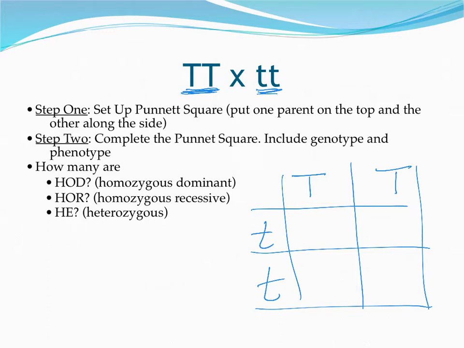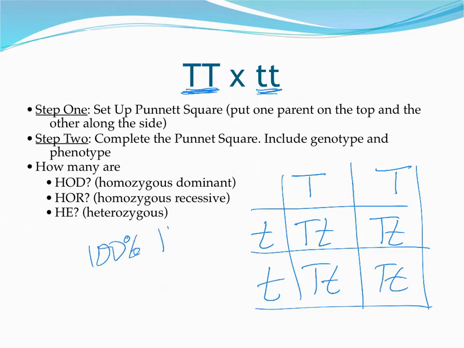Again, columns times rows, we're going to get big T, little t. This one, big T, little t, vertical column times horizontal row. Big T, little t, big T, little t. So in this case, all of the offspring are heterozygous, 100% heterozygous.